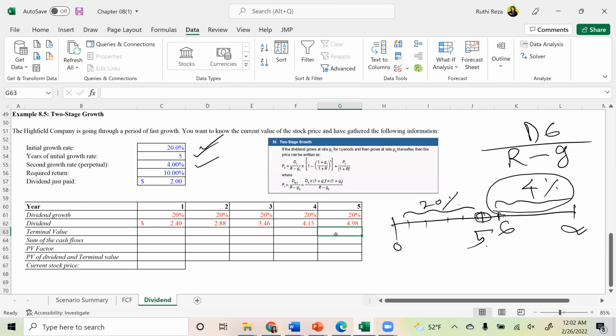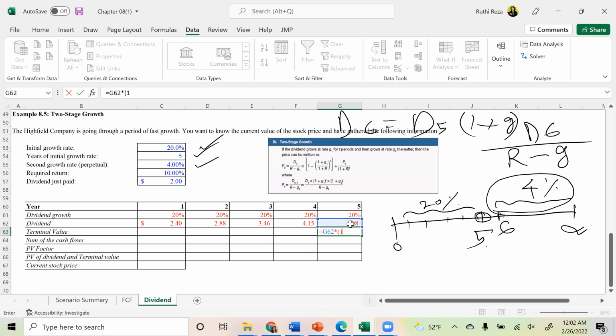Now you know D6 here is equal to D5 times 1 plus dividend growth rate. So you're gonna grow the dividend in year number 5 by the constant dividend growth rate to get the very first dividend in the constant dividend growth rate period.